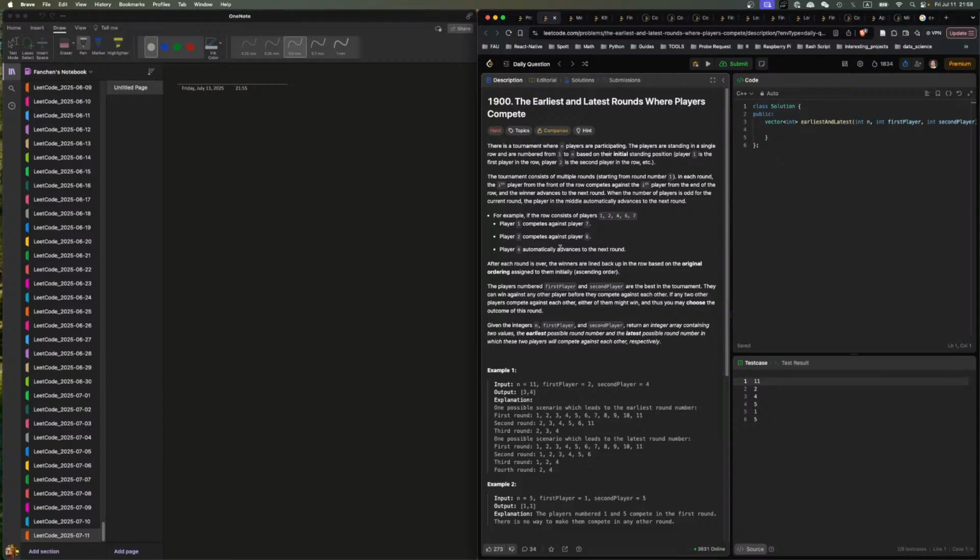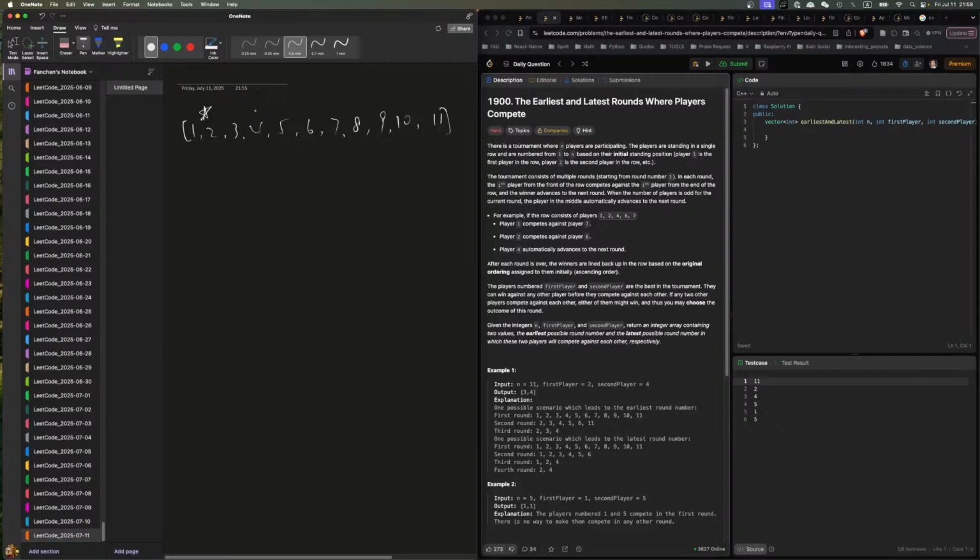So we have 11 players in the first example. 1, 2, 3, 5, 6, 7, 8. Now I was reading this question, just guessing where the things will go. What type of question will be asked? So first player is number 2.